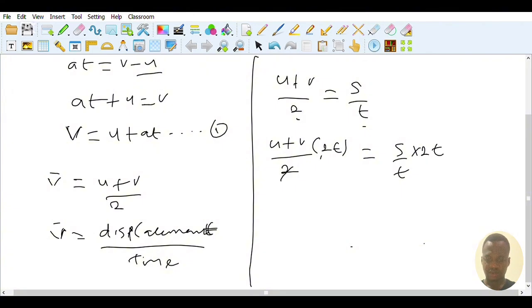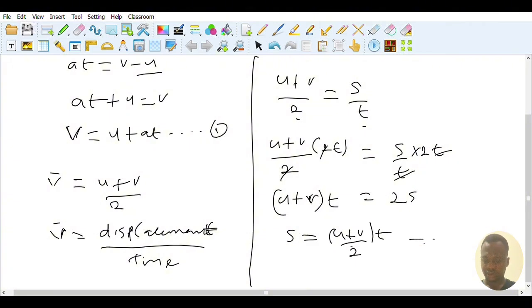So this will cancel out, and then we're going to have U plus V times T is equal to 2S. So divide both sides by 2, you have that S is equal to U plus V over 2 in brackets, T. So this is our second equation of motion.